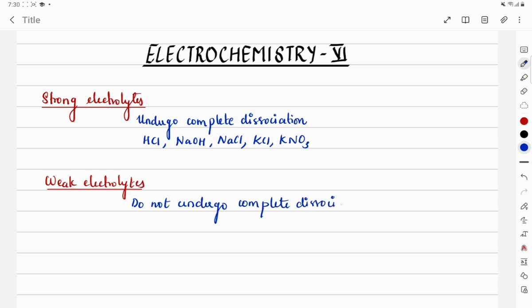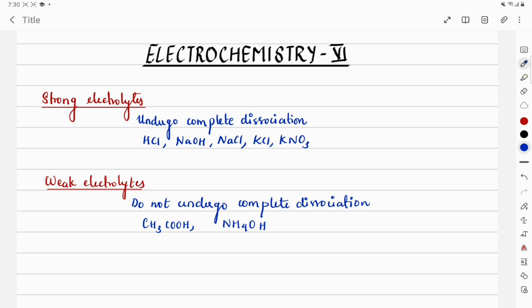If strong acids and strong bases constitute strong electrolytes, then weak electrolytes will be weak acids and weak bases. An example for a weak acid is acetic acid, and a weak base is ammonium hydroxide.